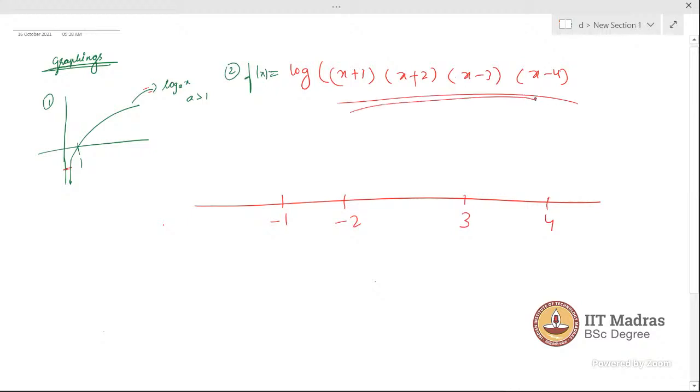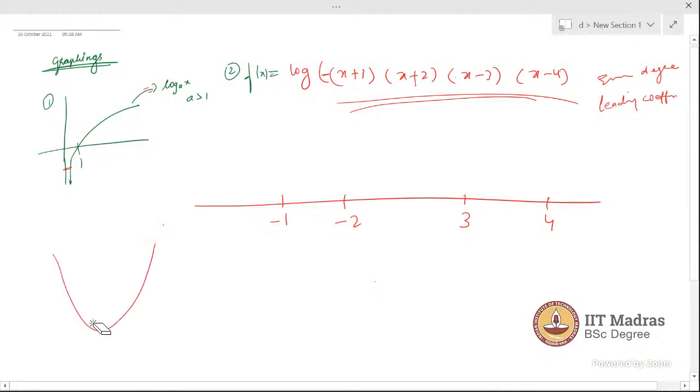So this is even degree, and the leading coefficient, let's give it negative. So what is the leading coefficient here? Negative, minus 1. The graph would have been like this if it was positive, but since the leading coefficient is negative, it will be something like this.